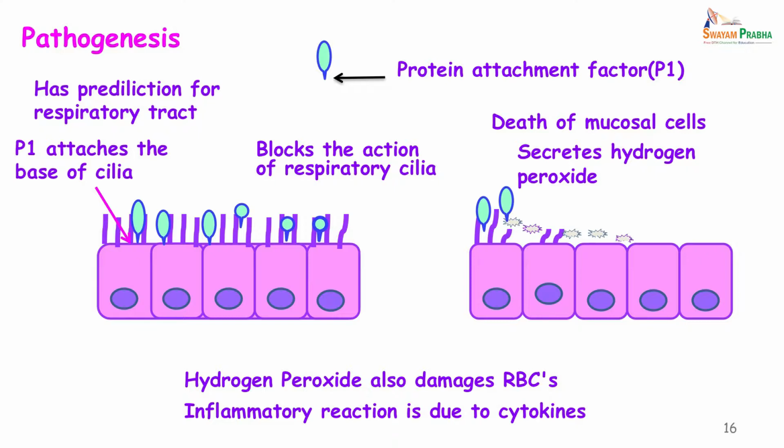The cilia get destroyed and they secrete hydrogen peroxide. This hydrogen peroxide causes damage to the mucosal cells, and mucosal cells ultimately die, and the organism goes deeper into the tissue. The hydrogen peroxide which is produced causes lysis of the red blood cells, and an inflammatory reaction is produced because of cytokines.